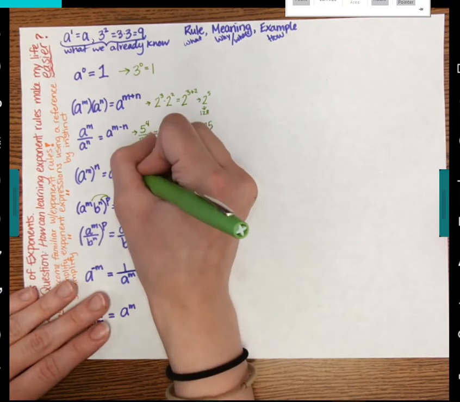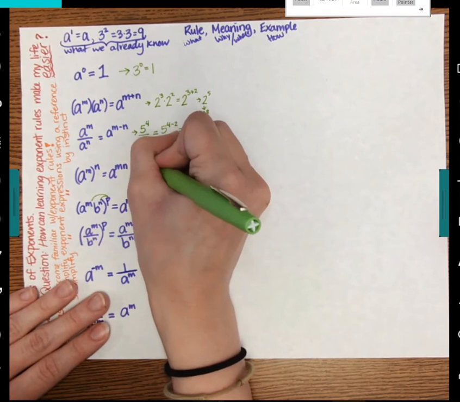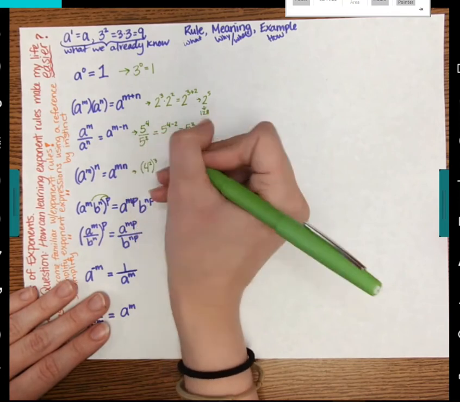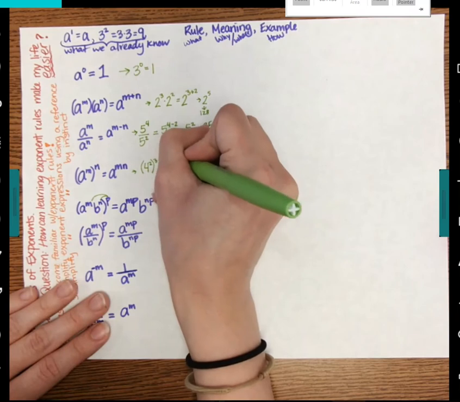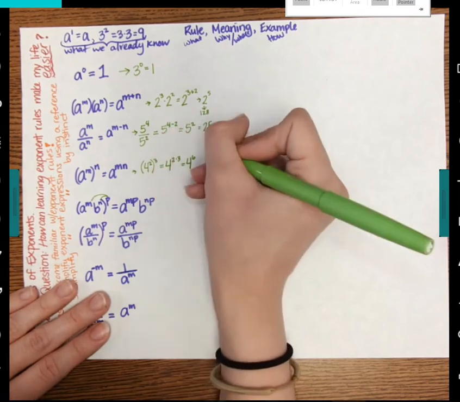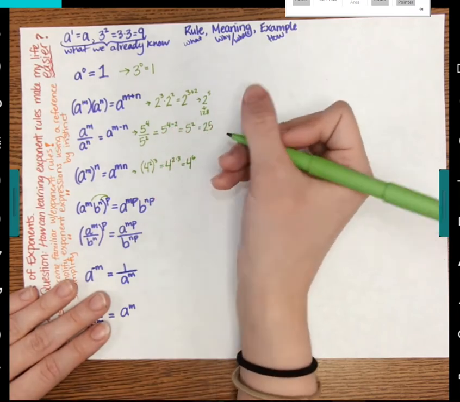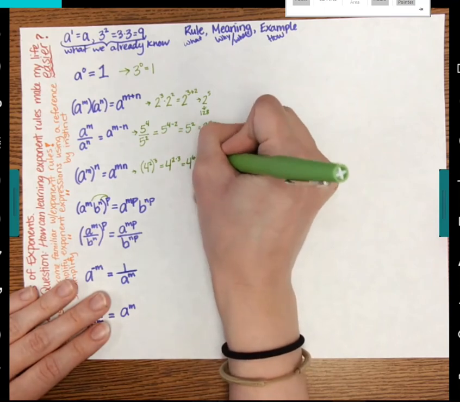Down here, we have 4 squared cubed. So that would be 4 to the 2 times 3, which is 4 to the 6th, which is a big number, 4,096.